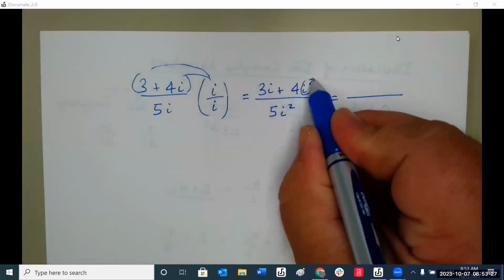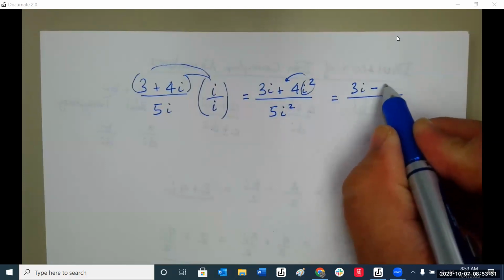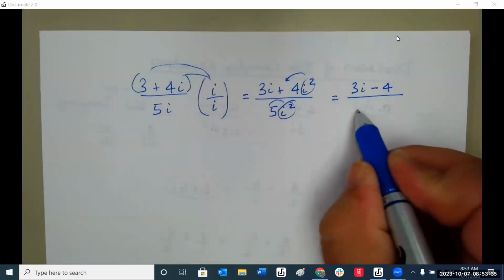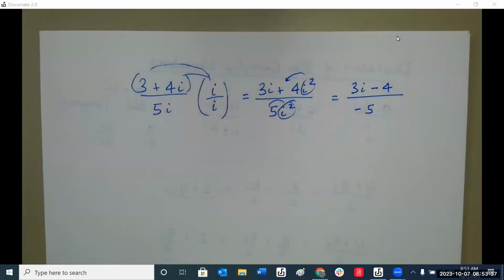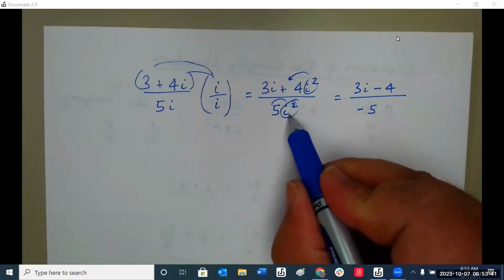But I squared changes the sign of the number in front of it. So it's a minus 4. This one becomes a minus 5, because I squared becomes negative 1.